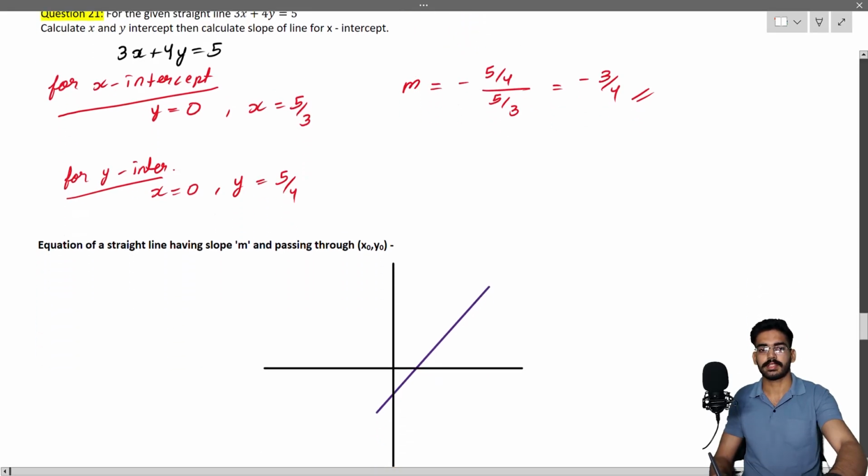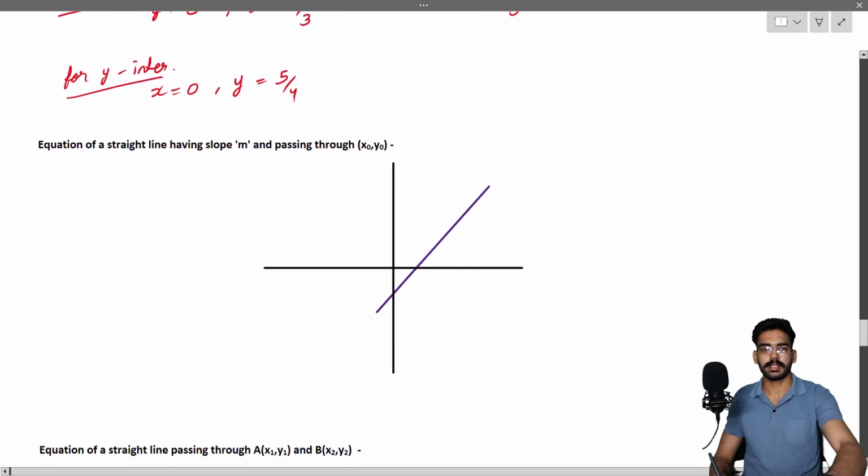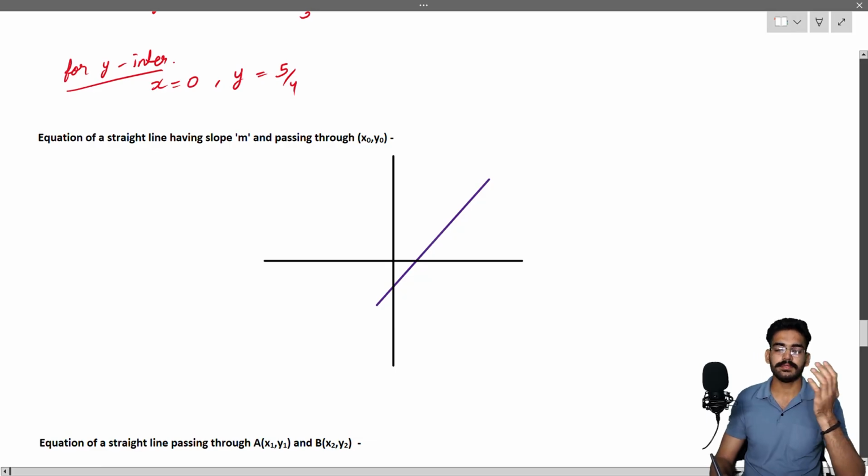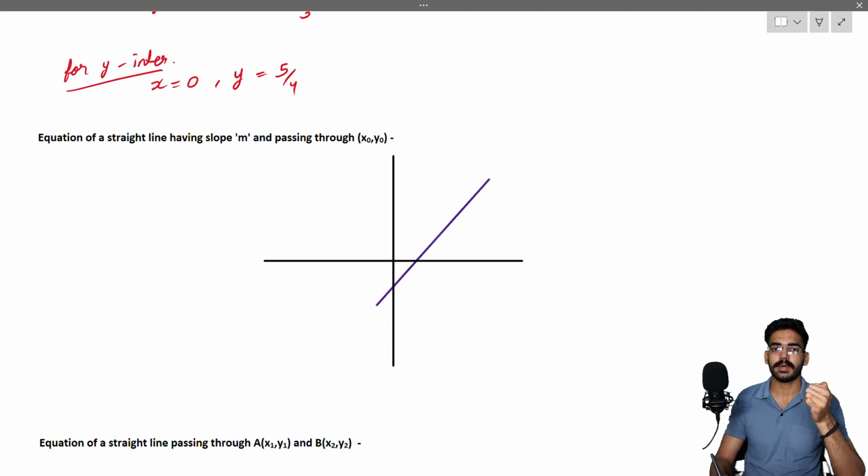Okay. Now let's go to the next topic, that is the equation of a straight line having slope m and passing through (x naught, y naught). If the slope of the line is given as m and it is passing through (x naught, y naught), then how do we find the equation of the line, meaning the relation between x coordinate and y coordinate that we are discussing till now?